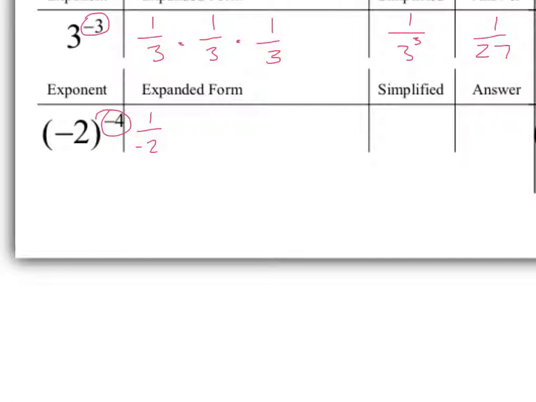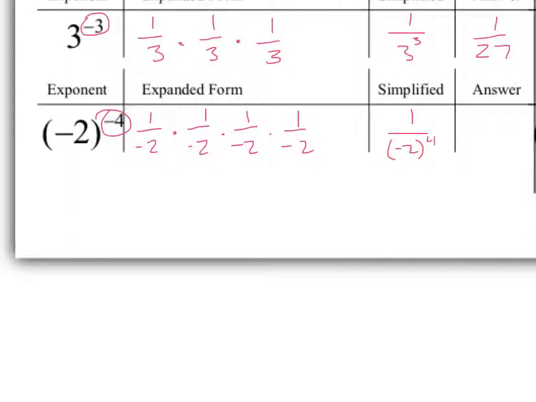And the exponent tells us to do this 4 times. 1 over negative 2 times 1 over negative 2 times 1 over negative 2. And if we multiply all the tops together, we're going to get 1. We can simplify the bottom because as we multiply the bottom, we're multiplying negative 2 times itself. How many times? 4 times.